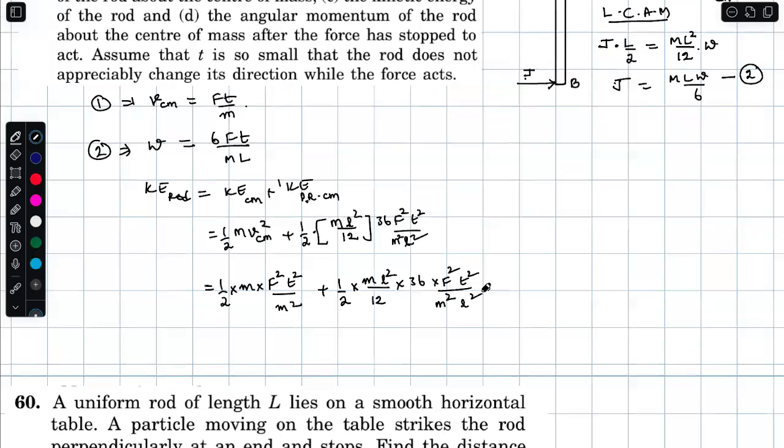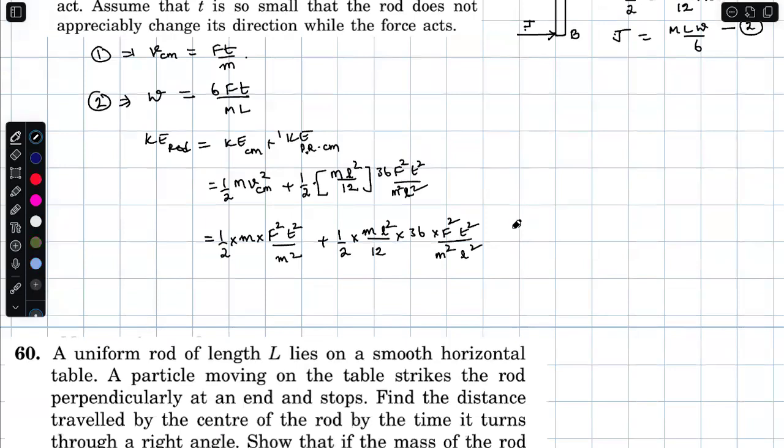Clear? Sure? Right. You substitute this. Finally, this is F square T square by 2M plus, correct?